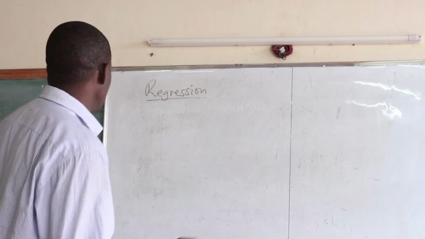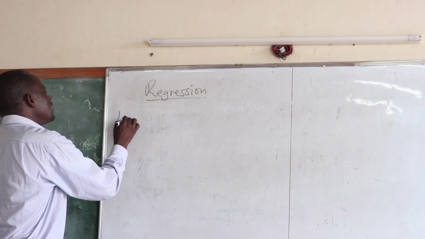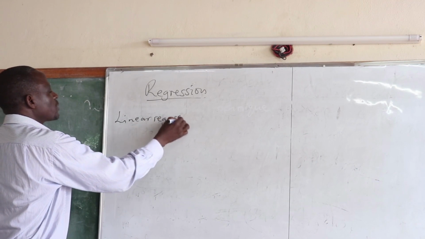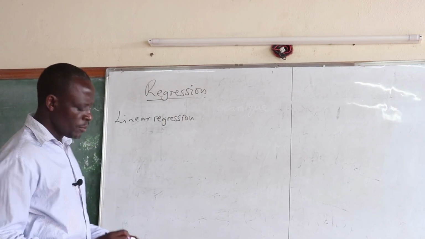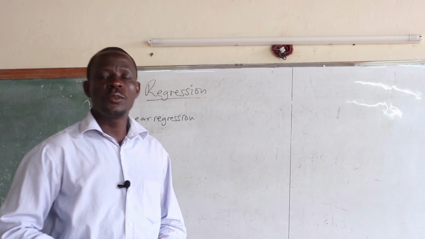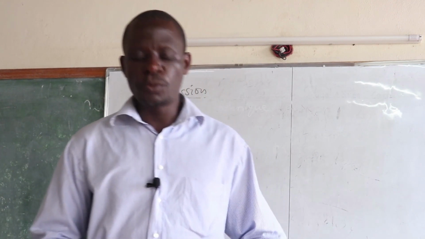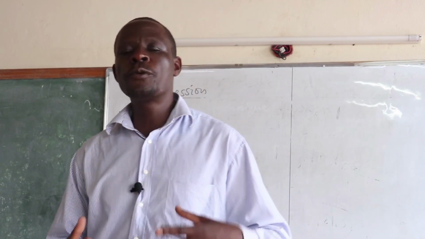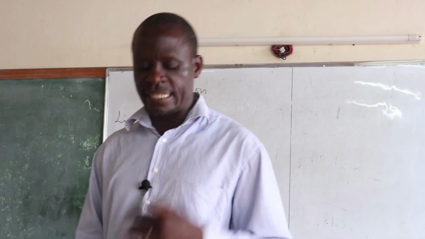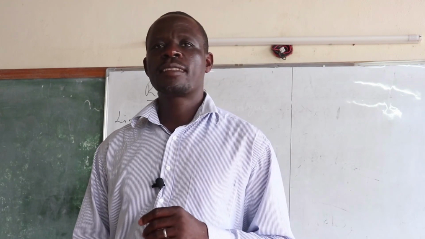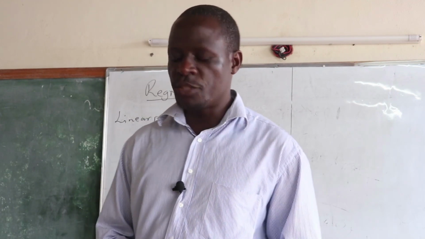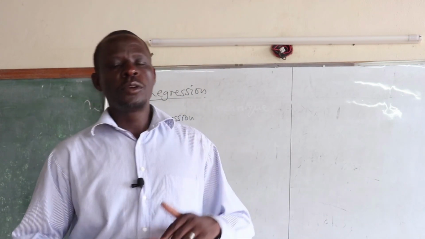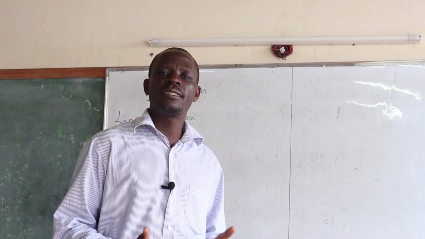So we will start by looking at linear regression. When I talk about linear regression, we are talking about a line. We are talking about a statistical technique used to compute the best fitting straight line through the data set, and that's what we call linear regression. In other words, we are looking at a linear relationship which can exist between two variables.